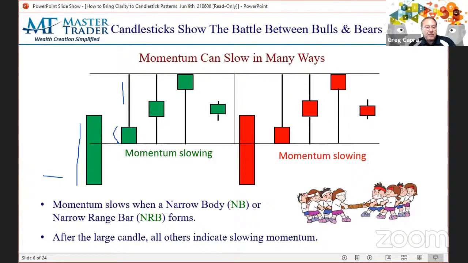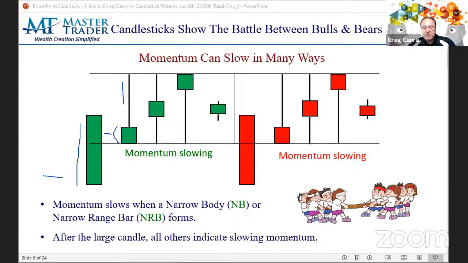But what we do know, without a doubt, right, we try and make as much as we can black and white with technical analysis, which is difficult because there always seems to be some kind of gray area there. So to say that this is just a slowing momentum candle related to what preceded it is black and white.